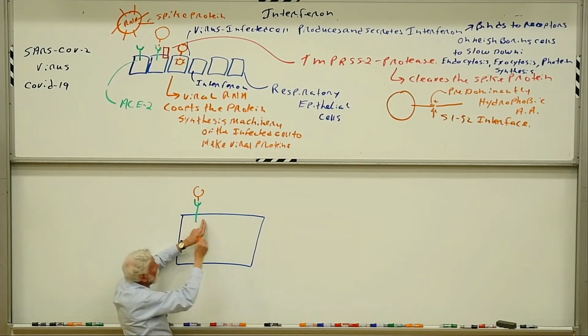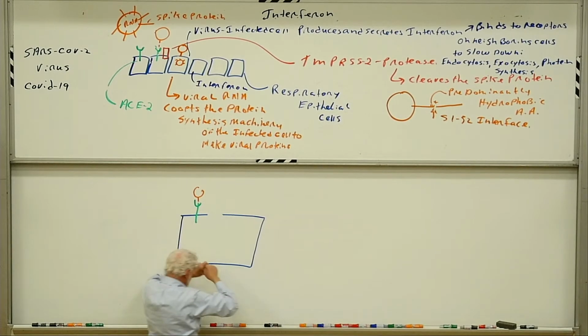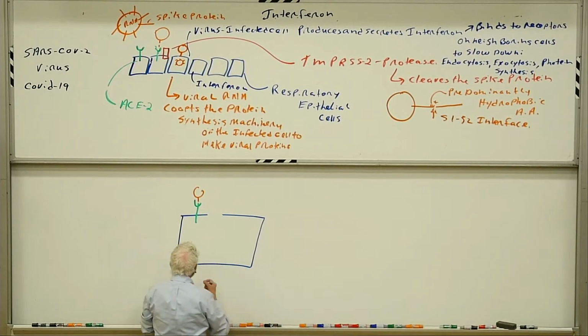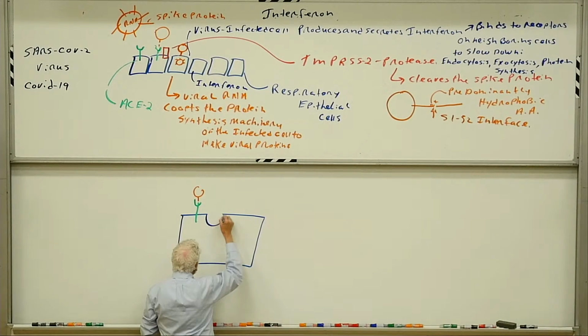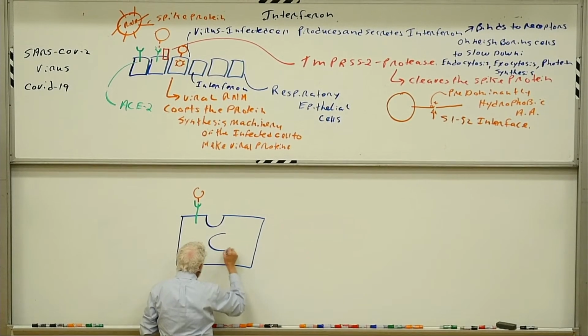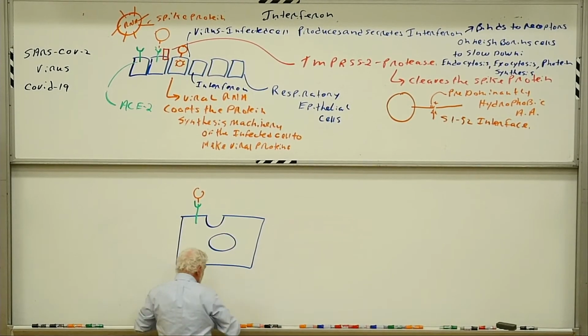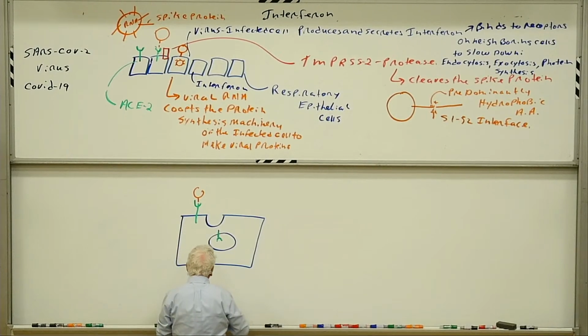This whole complex then is taken into a vesicle. And we now have this in a vesicle, or probably an endosome, where the ACE2 is bound to the virus.